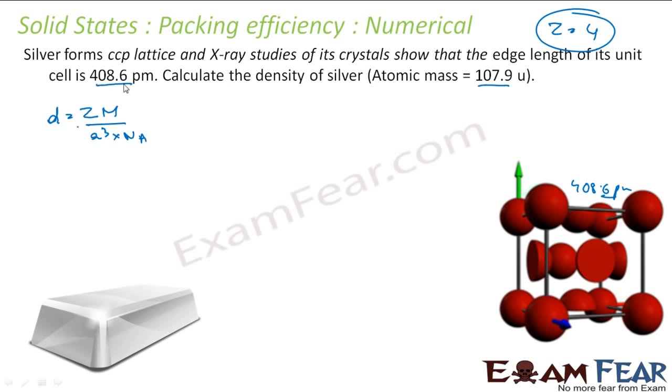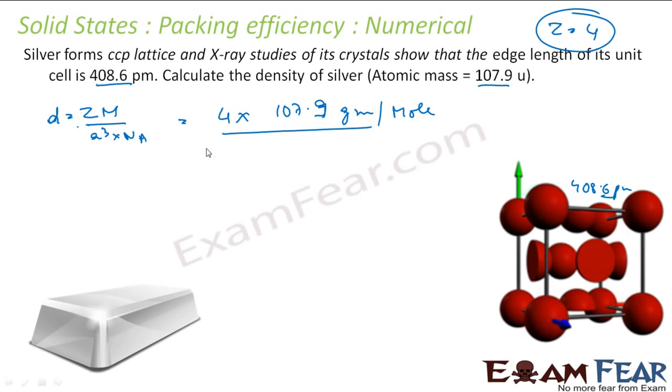We have this length. Na is something we know, right? So let's find the value. Z is 4. M is the molar mass, 107.9 gram per mole. Please write the units properly, else you may get confused.